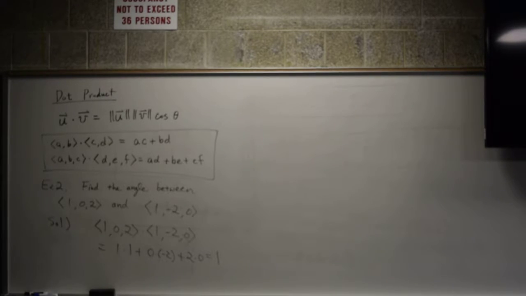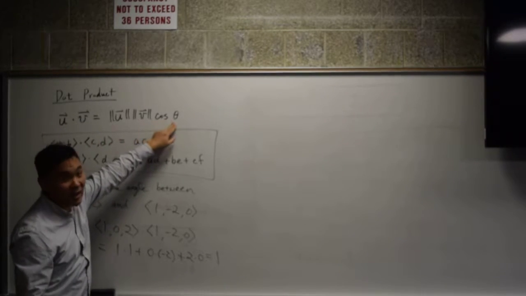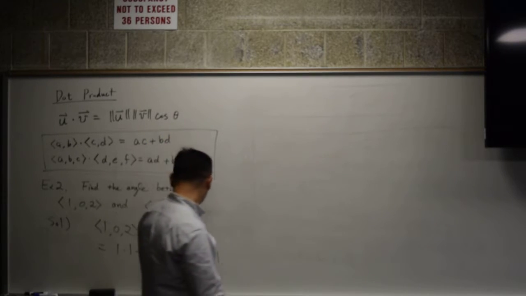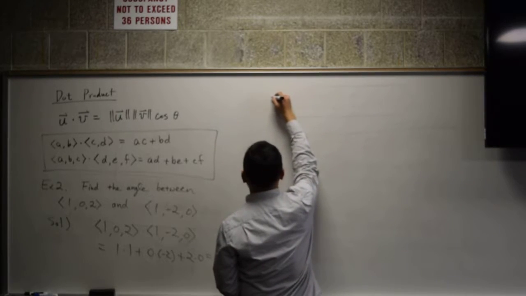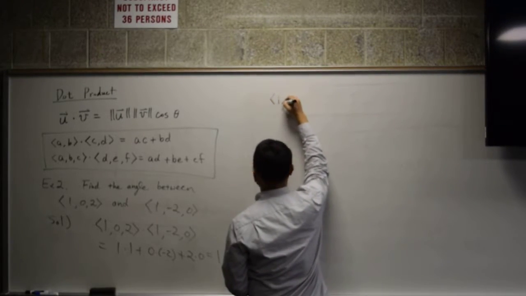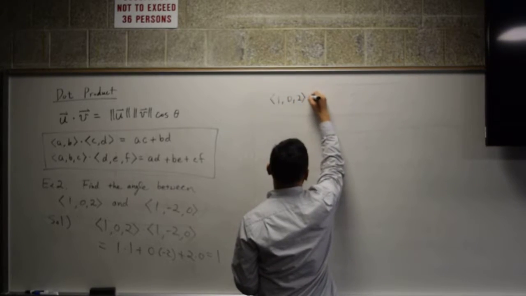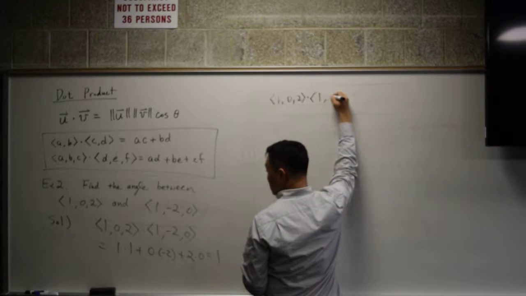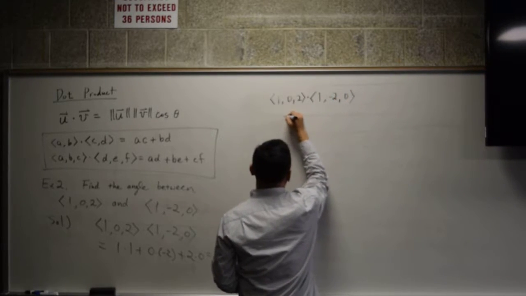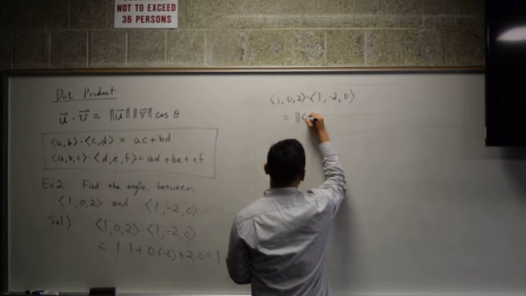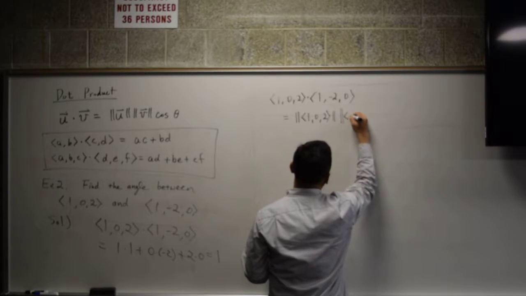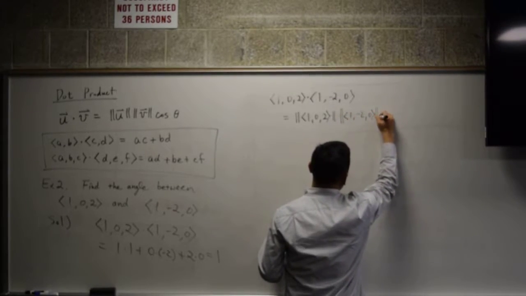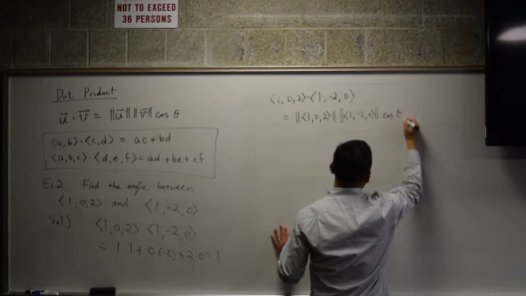Yes? Well, the first formula for the dot product has the angle between in there, right? Okay, good. So here's what we will need to do. We're going to say that the dot product between 1, 0, 2 and 1, negative 2, 0 is equal to the norm of the first times the norm of the second, and then cosine of the angle between.